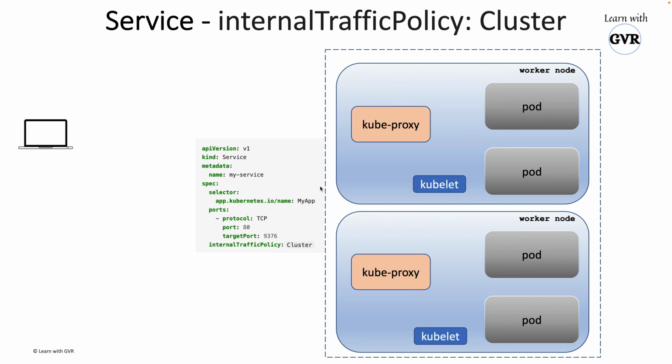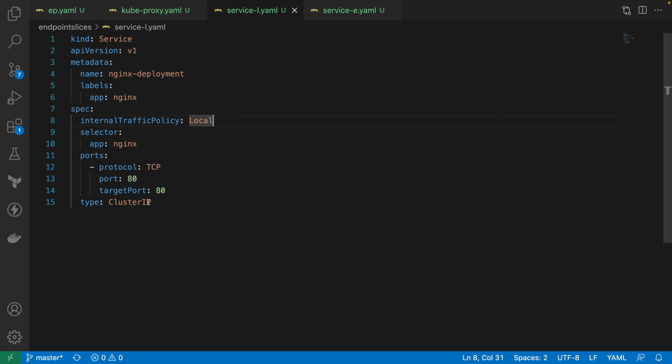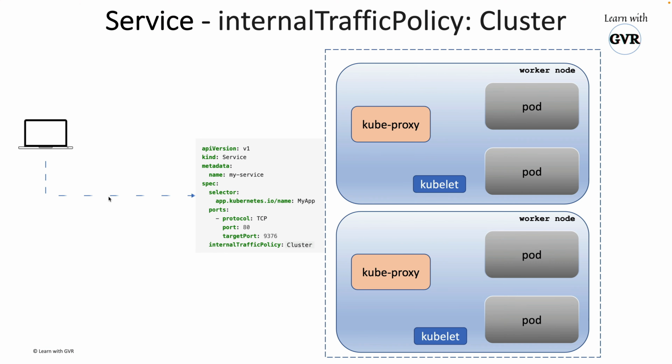So now this is my setup: just 2 pods running, with kube-proxy, kubelet, etc. This is a 2-node highly available setup, right? If I create a service, by default it is a ClusterIP, and I want to specify that the traffic should come from internal traffic, not external. So here the internal traffic policy I specified as cluster, which is round robin, right?